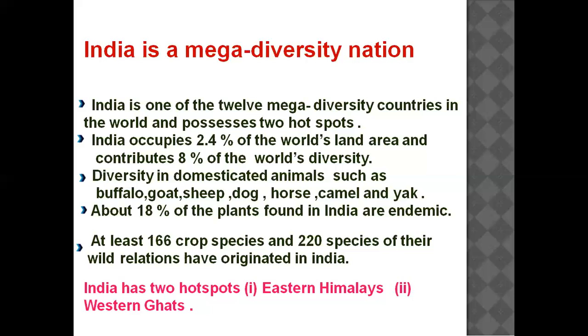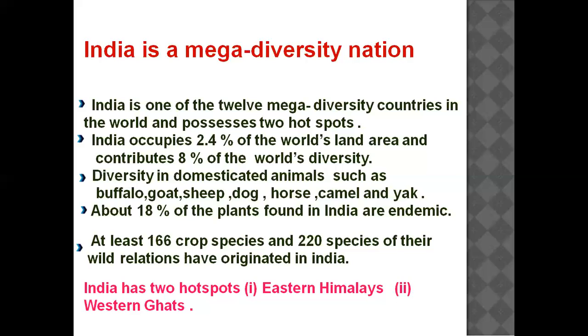Next is the semi-arid grassland region of the Deccan Plateau, which comprises Gujarat, Maharashtra, Andhra Pradesh, Karnataka, and Tamil Nadu. Next are the northeastern states of India. Next is the Western Ghats in Maharashtra, Karnataka, and Kerala.